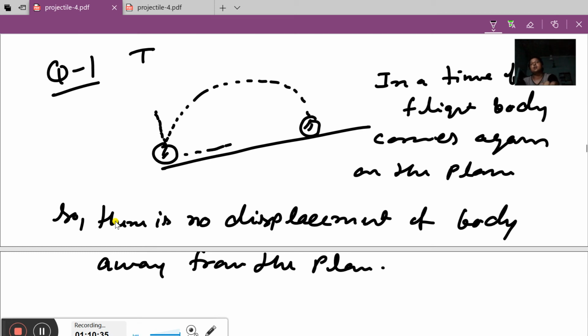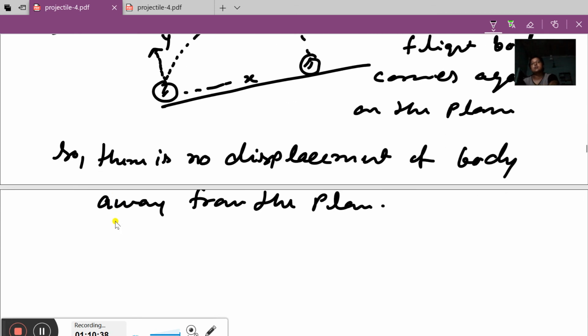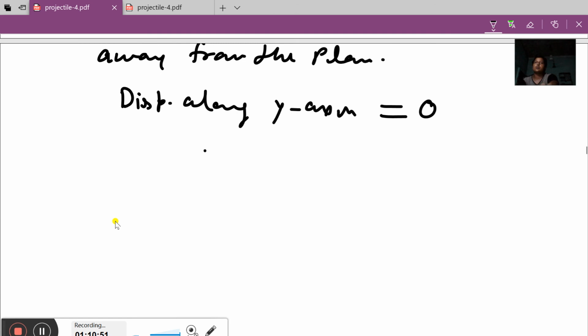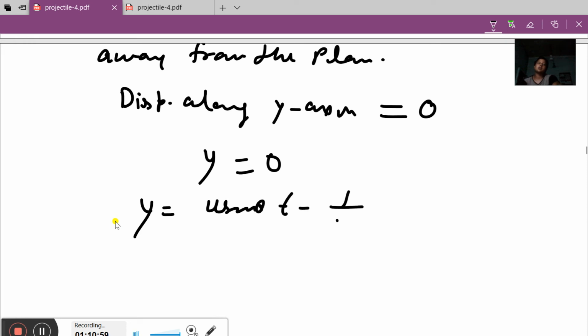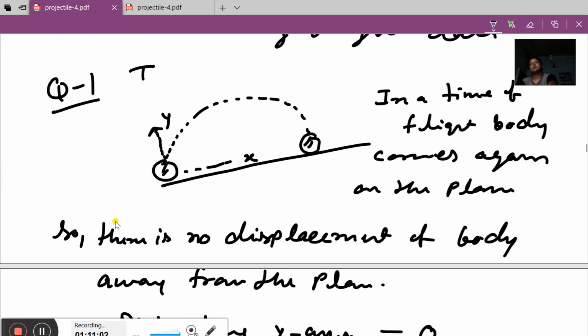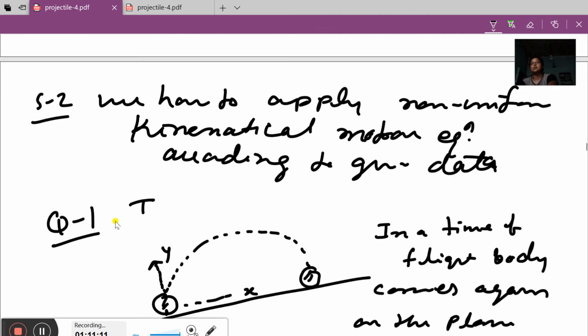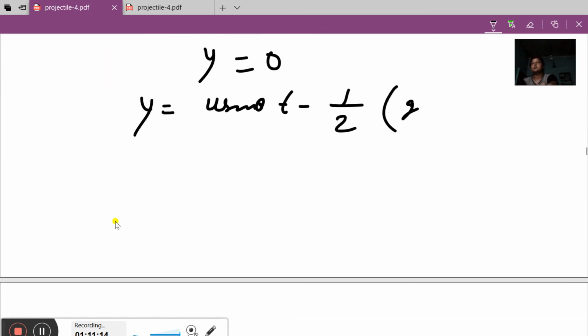If this direction is our x-axis and this direction is y-axis, displacement along y-axis is 0, y is 0. What is y? Y is u sin theta t minus half g cos theta into t square, where g cos theta is the retardation along y.